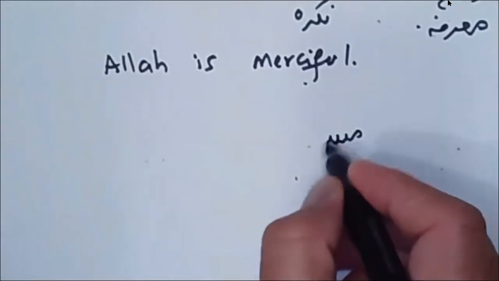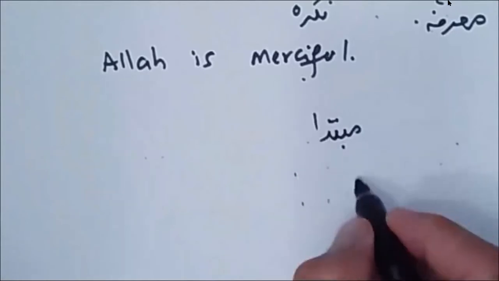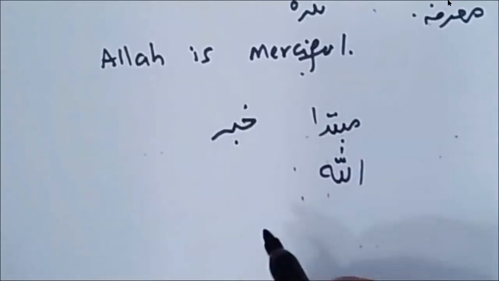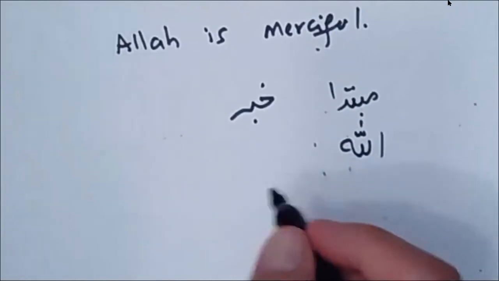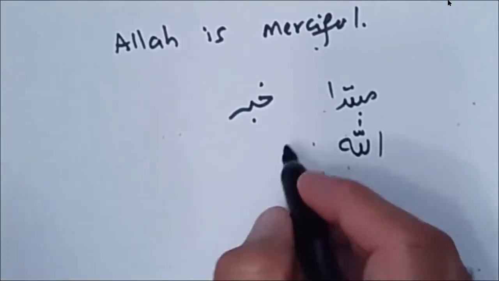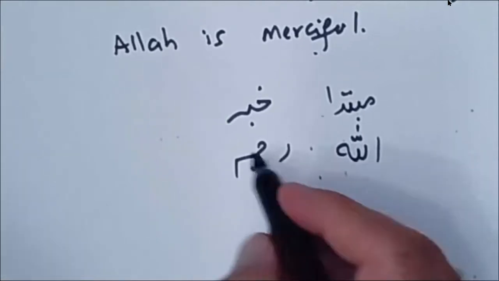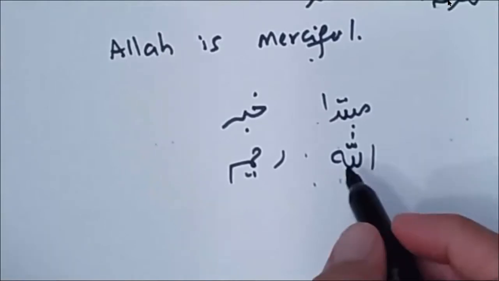Yes. Okay, so what is the mubtada? Allah. And the khabar? Merciful. What is the Arabic of merciful? Rahim. Okay, so can you help me with the harakas now?